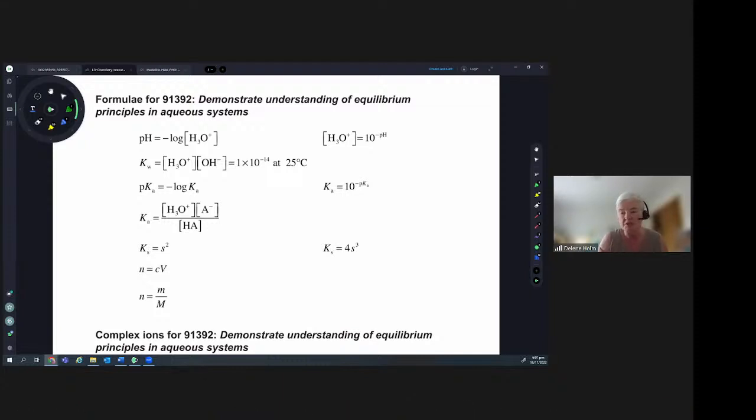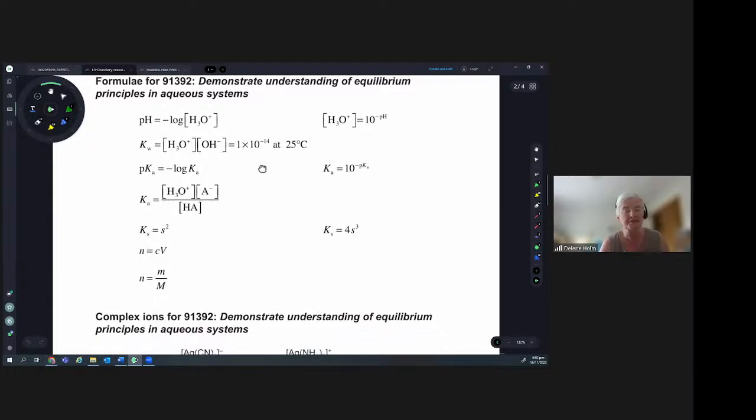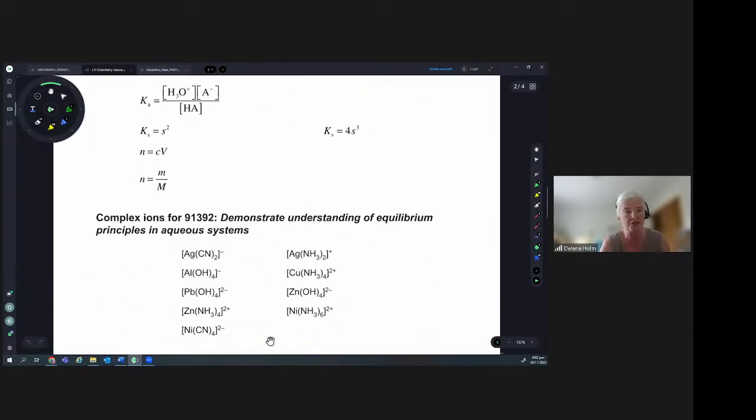You will, of course, be given a resource booklet, and please make sure you use it, because you are given a whole lot of equations for this exam, and you are also given the complex ions. In the past, you had to learn the complex ions off by heart. Now they are given, so please make sure you do use it and don't try and rely on your memory.